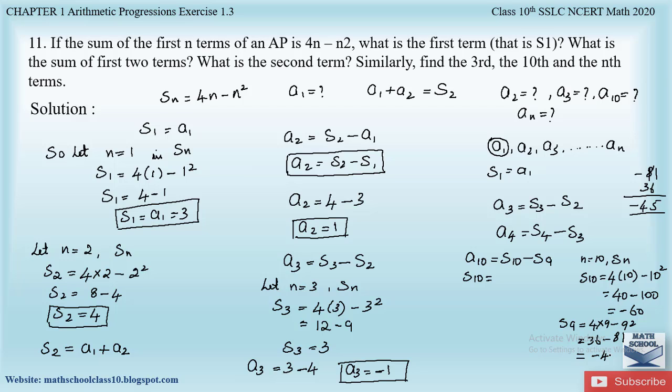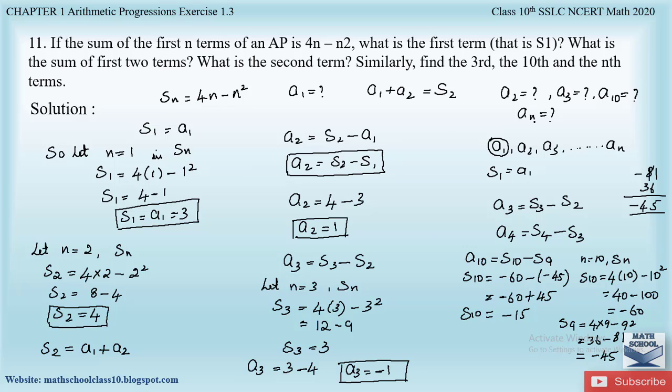So S9 is minus 45. If we substitute here S10, we got minus 60 minus of minus 45. So this will be minus 60 plus 45, or this will be minus 15. So A10 is minus 15.